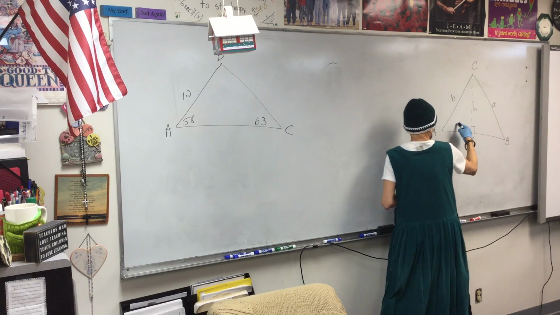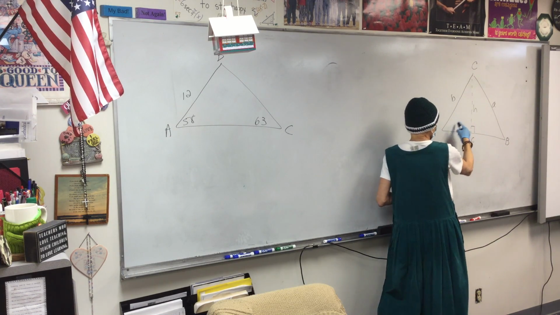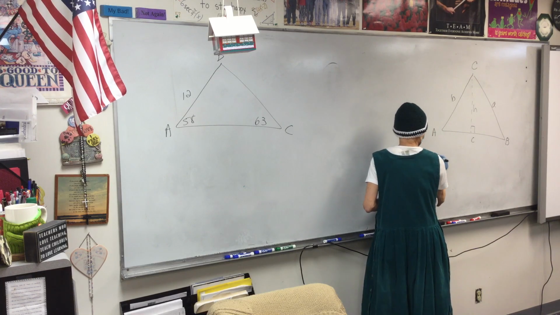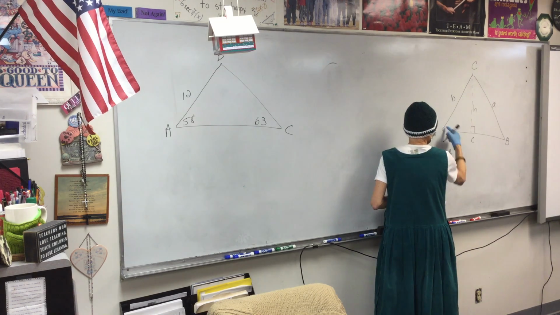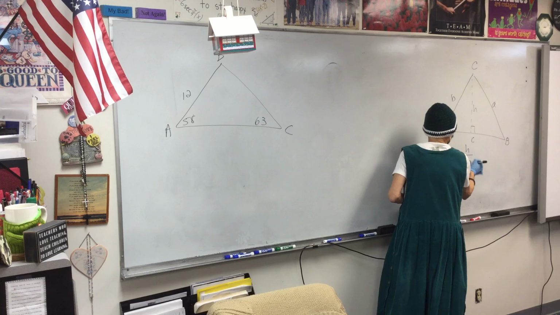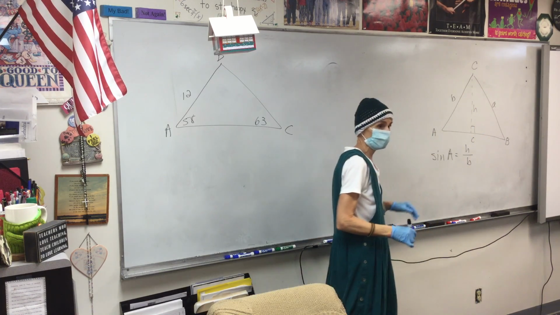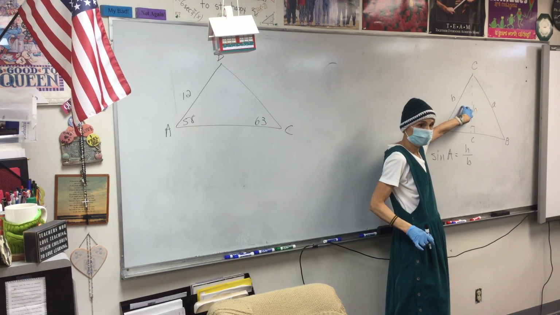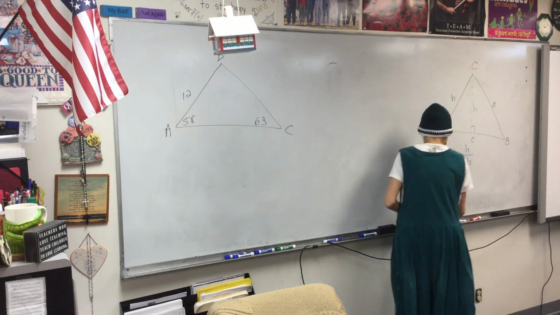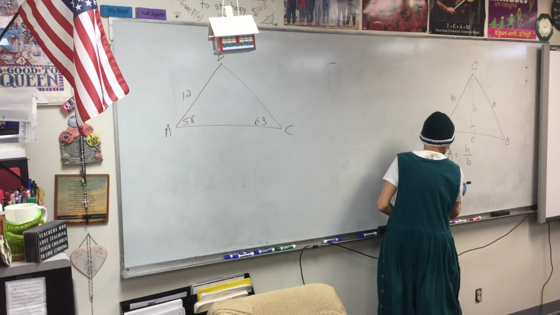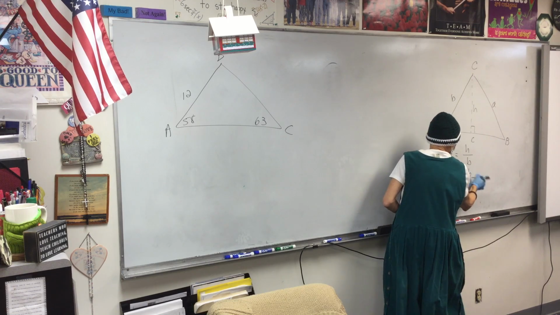Now, do I have a right triangle here? So would it be okay for me to say sine A equals H over B? Is that a legitimate thing for me to say in this right triangle? Yeah. All right, how about on this side? Can I say sine B equals H over A?